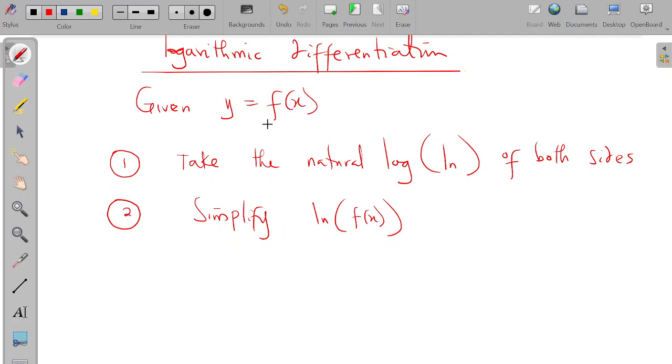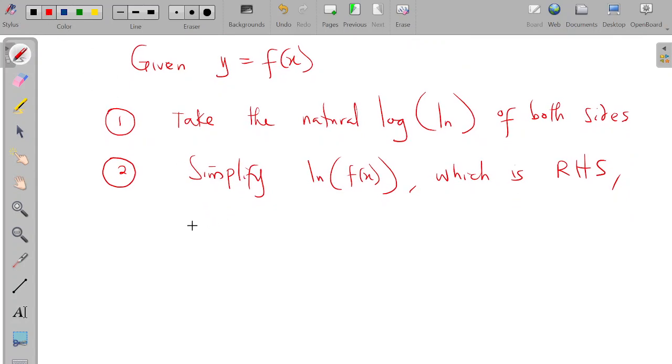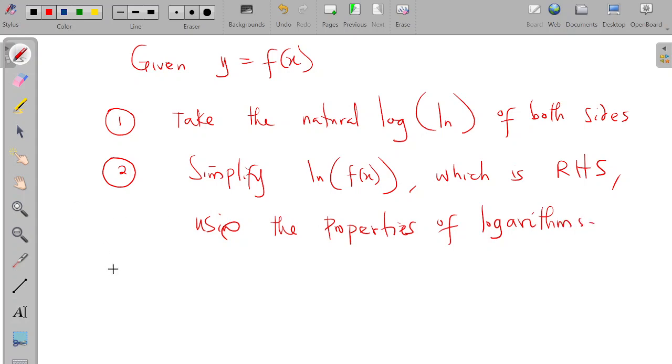So you now simplify this other side, the right hand side, using the properties of logarithm.